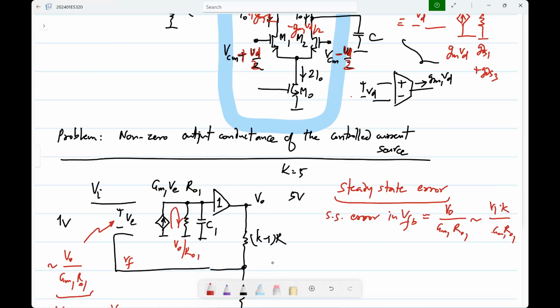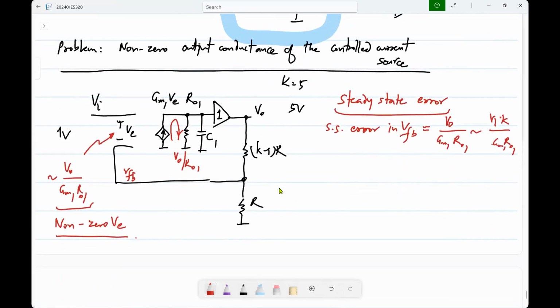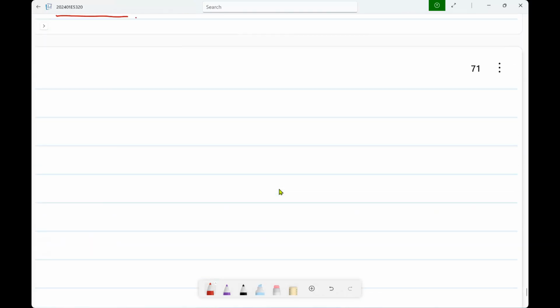Approximately, that is the steady state error in VFB. So this means that the feedback voltage is not exactly following the input and the output will have some error. So now let's do the transfer function stuff.